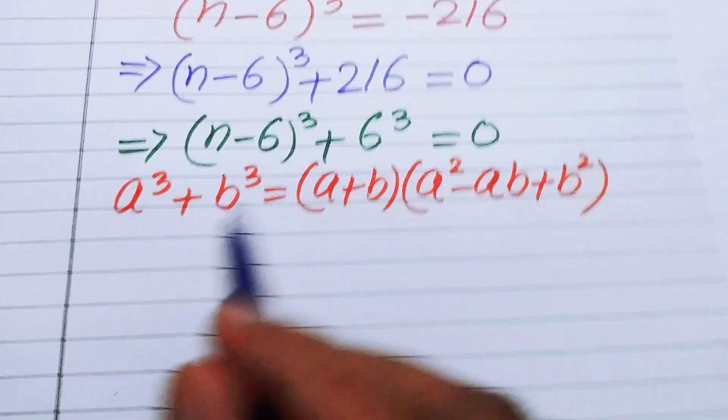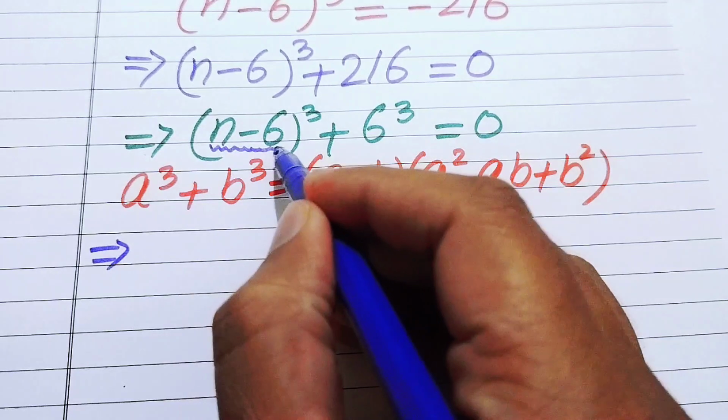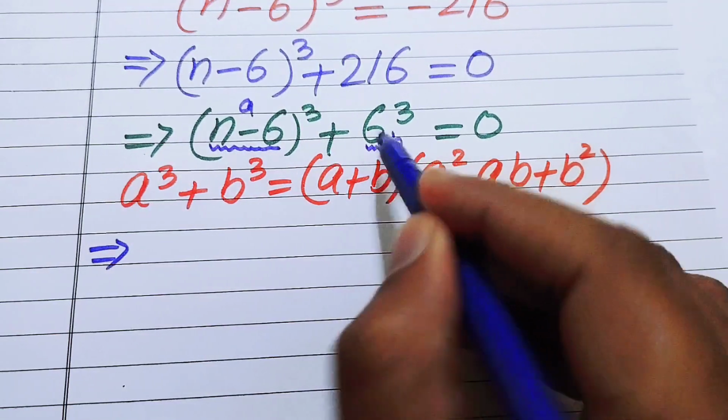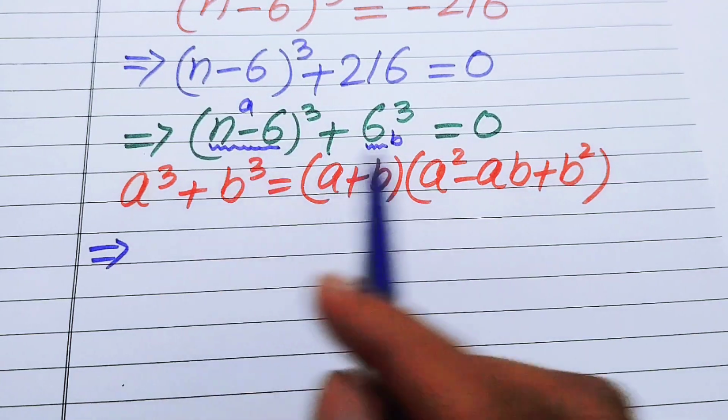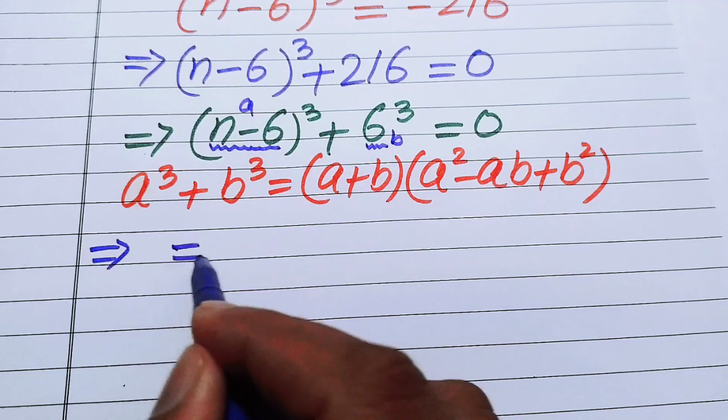So here we need to use this nice formula. In this expression the value of a is n minus 6 and the value of b is only 6, so you just put the values of a and b in this formula and you will get its output.